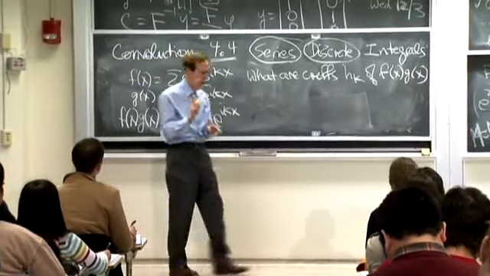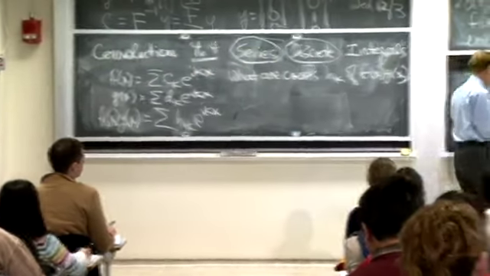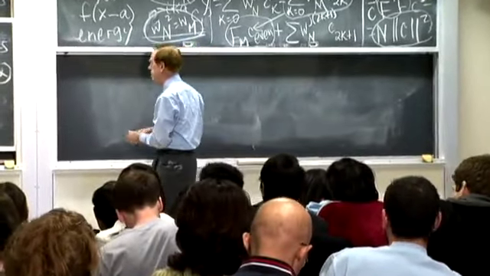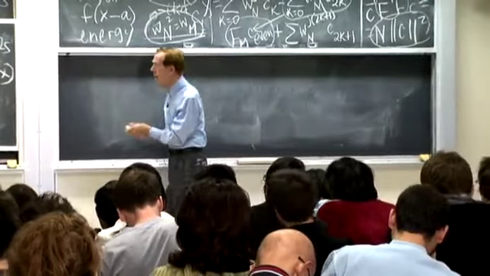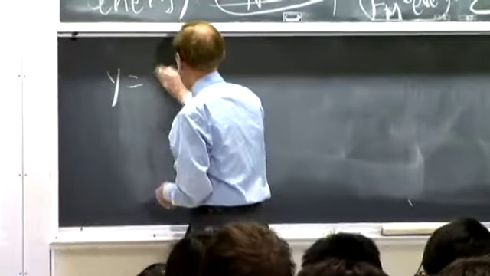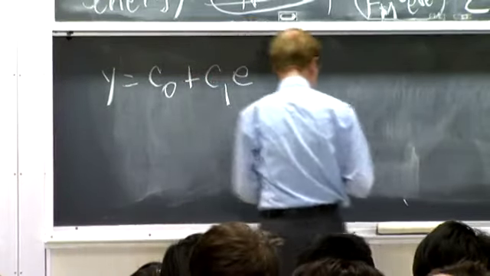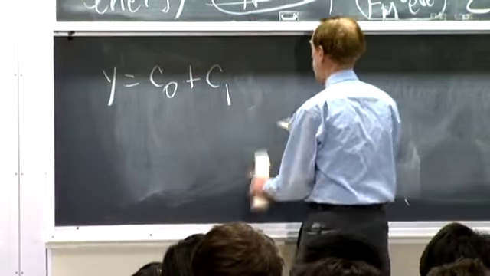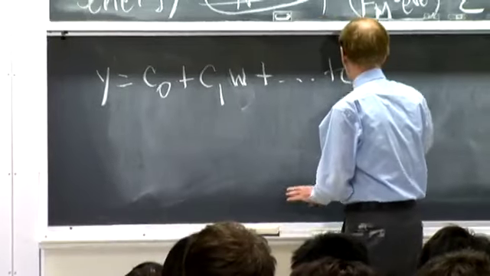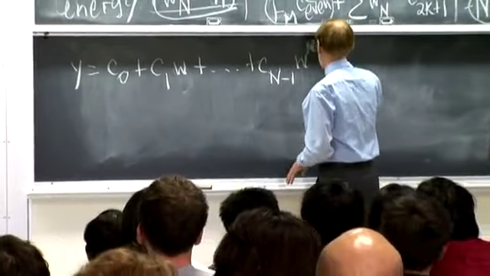If I write it for the discrete ones, you'll see, let me do it over here for the discrete one, because I can write it out. My y's are c_0 plus c_1 W, I have this nice notation W, plus c_{n-1} W to the n minus 1, right?